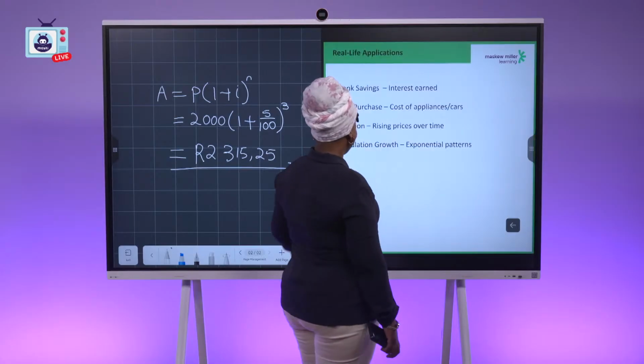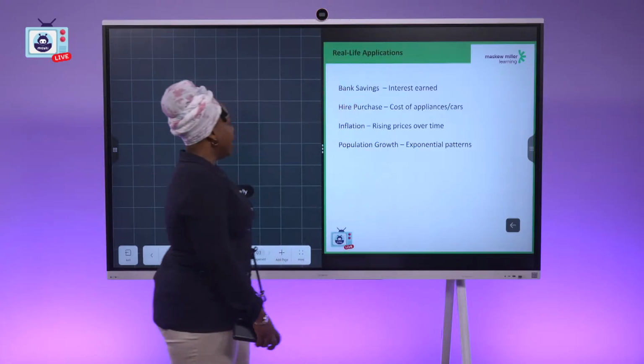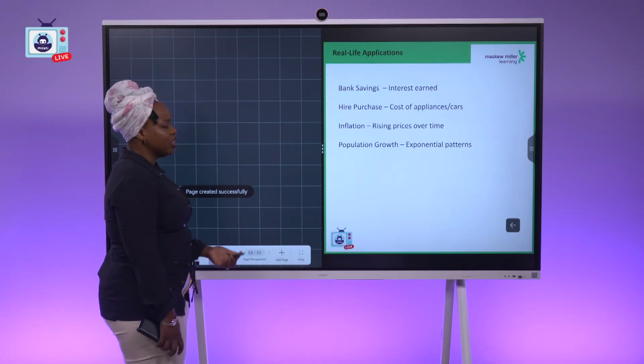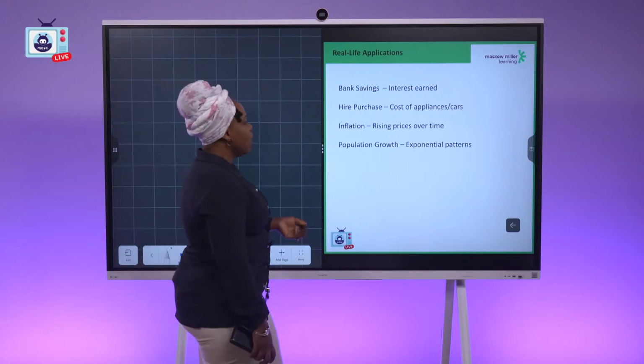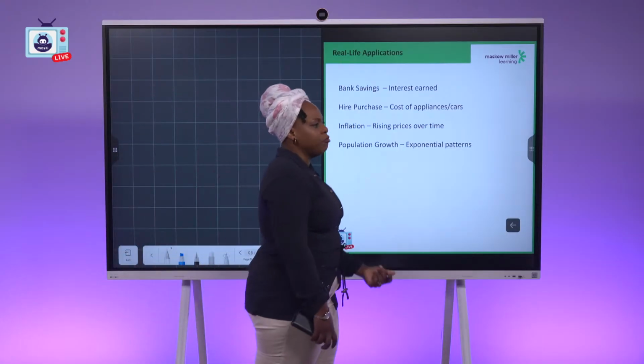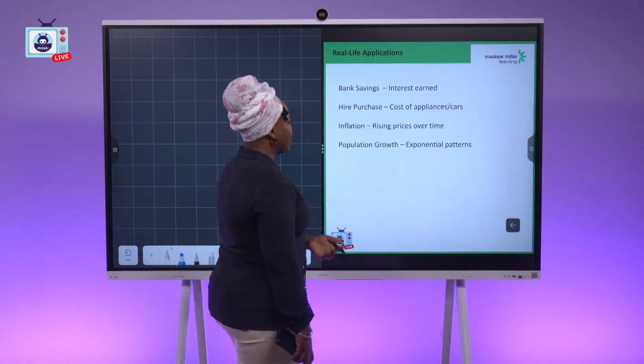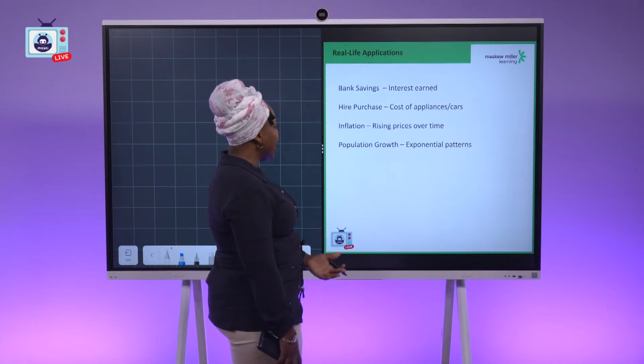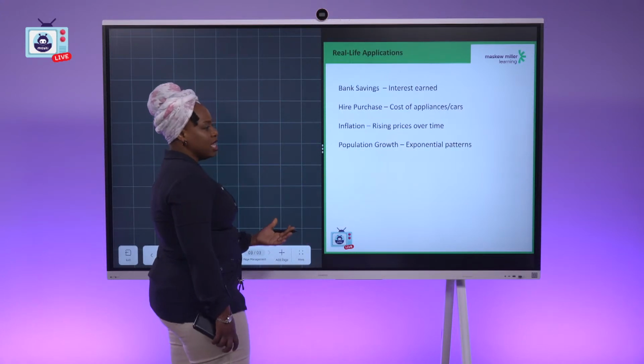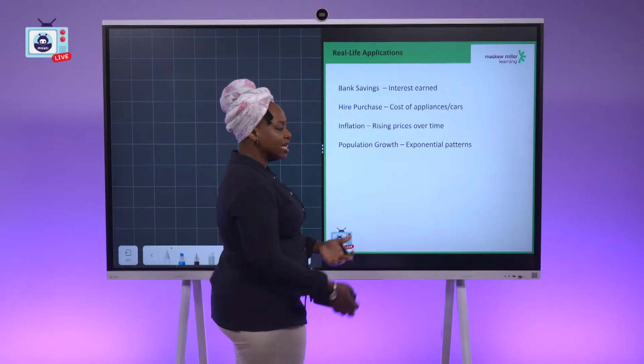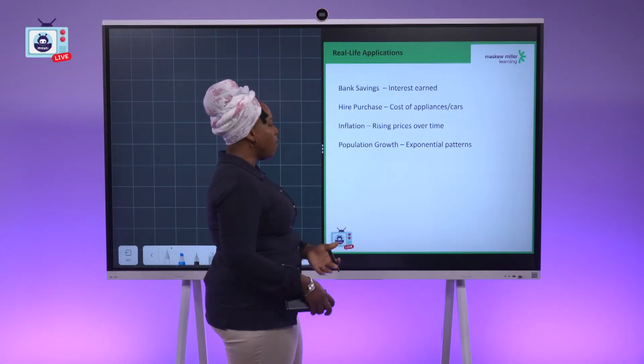All right. Okay. Now, in a real life situation, as I've indicated, we do have people who save money in the bank, and the banks have interest that you earn. So that is one of the things that they calculate using either simple interest or compound interest.